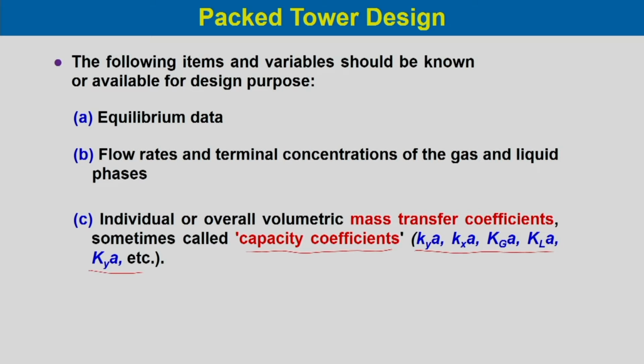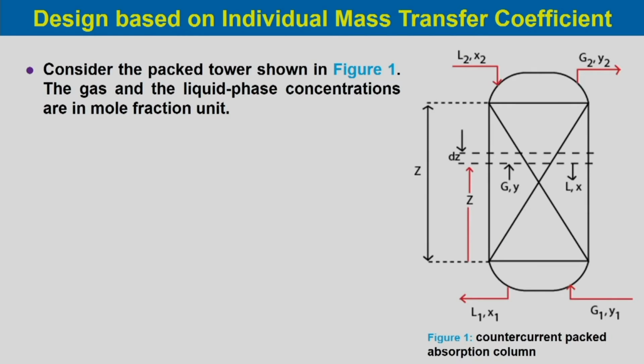The mass transfer coefficient, either individual or overall, should be available for finding out the packed tower design, that is the height of the tower. We will concentrate first on design based on the individual mass transfer coefficient.